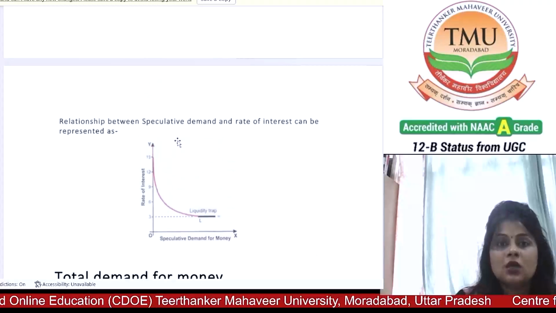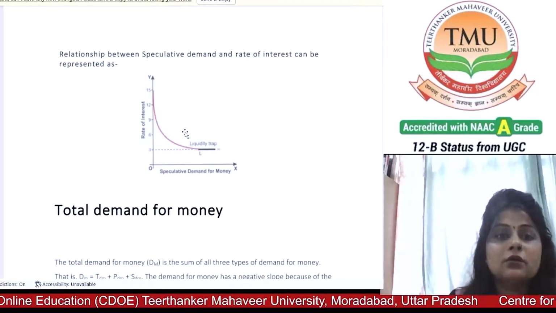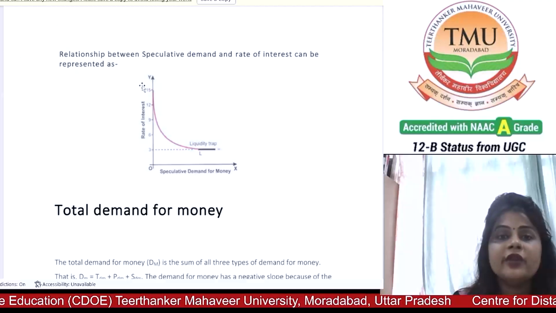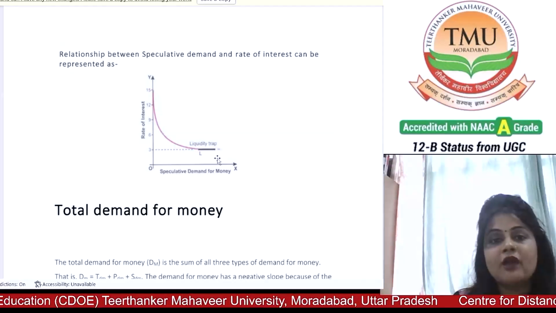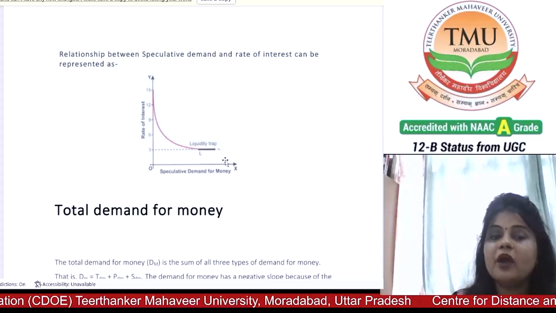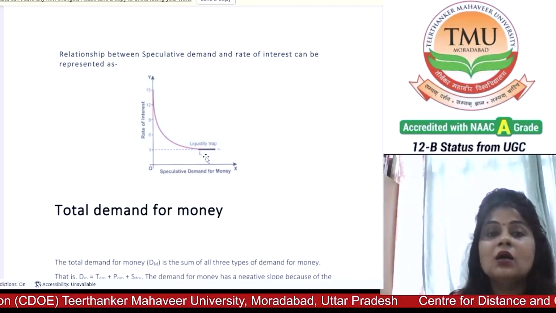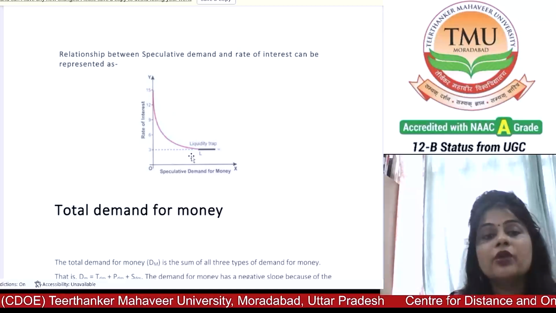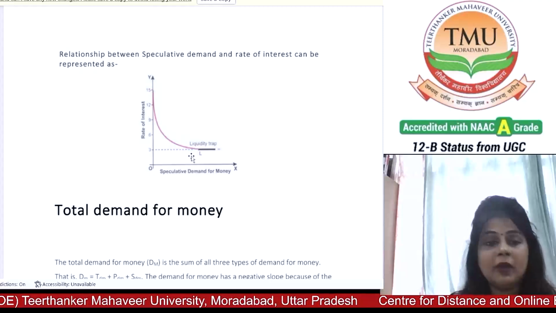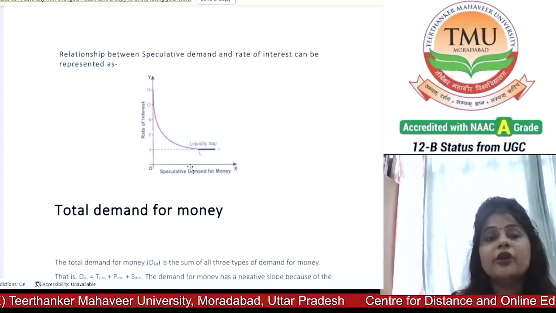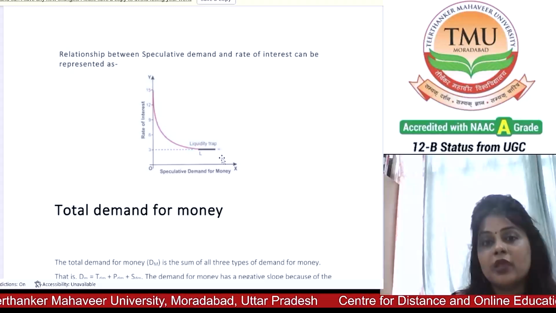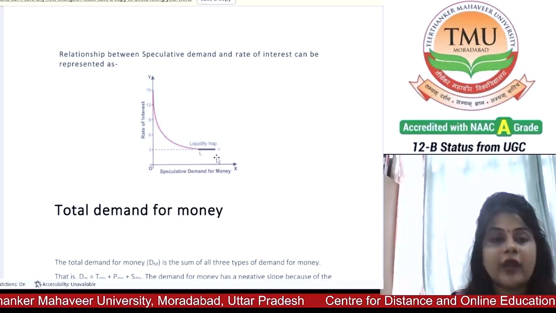It shows that the higher the rate of interest, the lower the speculative demand for money, and the lower the rate of interest, the higher the speculative demand for money. It also shows the liquidity trap. Liquidity trap means that the demand for money never goes down from here, and it is a liquidity trap.